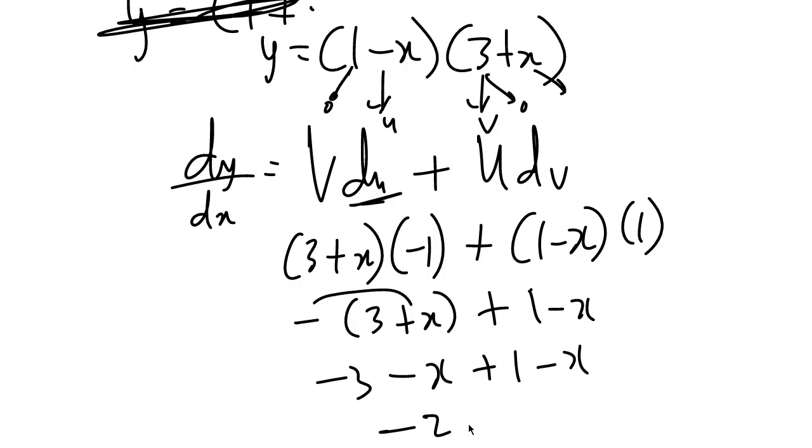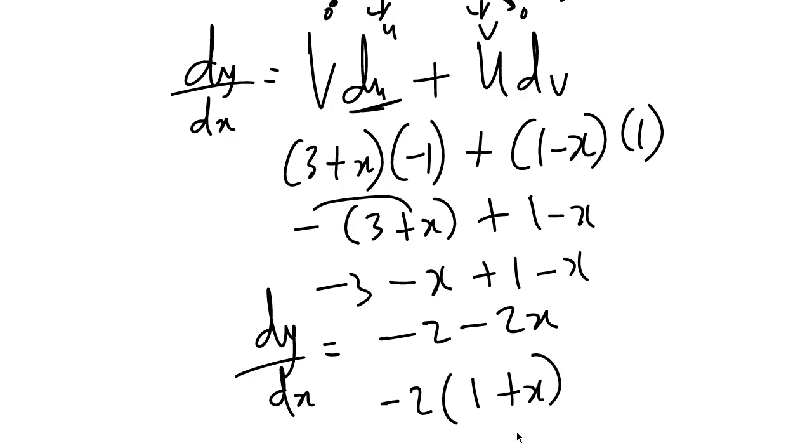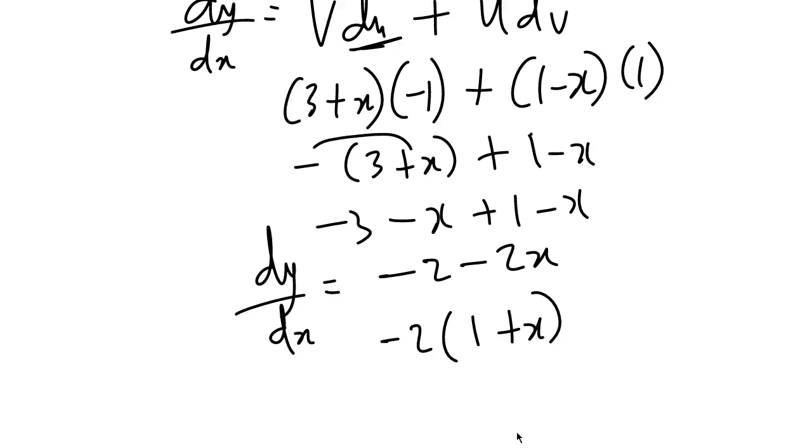Negative x is what? Negative 2x. So basically, we can see that dy/dx is equal to negative 2 negative 2x, which you can factorize. Since negative 2 is common, what happens? Negative 2 divided by negative 2 is what? 1. Negative 2x divided by negative 2 is what? Positive x.